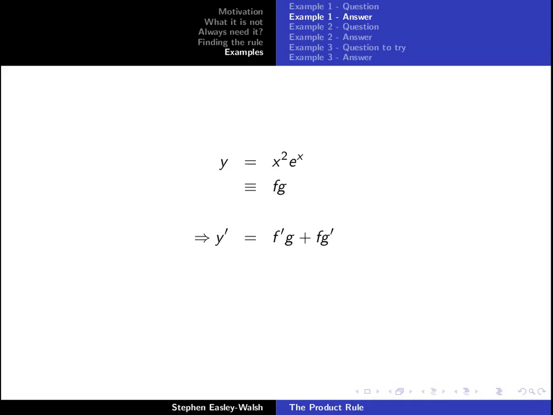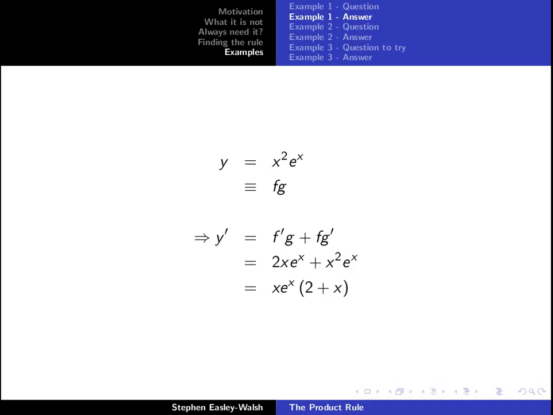So in this case, the derivative of x squared is 2x, keep e^x the same, plus keep x squared the same, times the derivative of e^x, which is e^x. There's an e^x in common. I will factor that out, and my answer is e^x times (2x plus x squared).